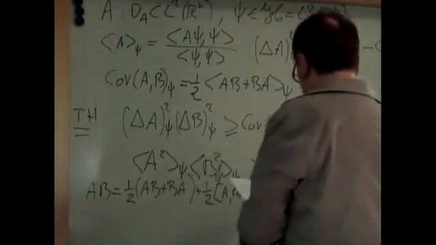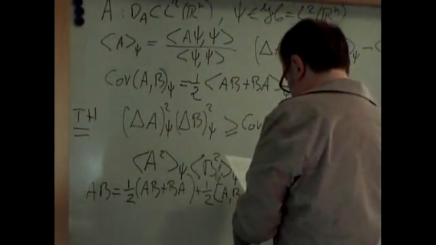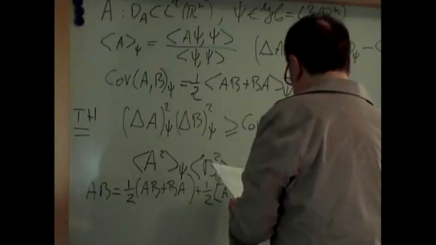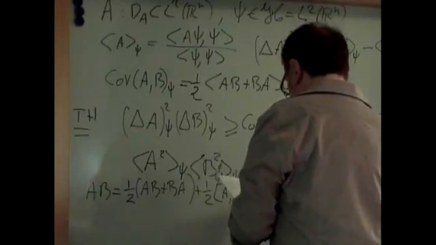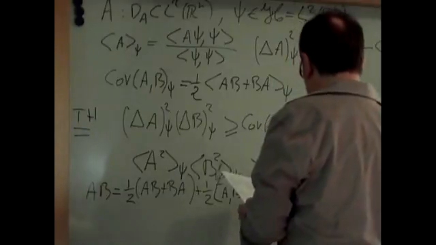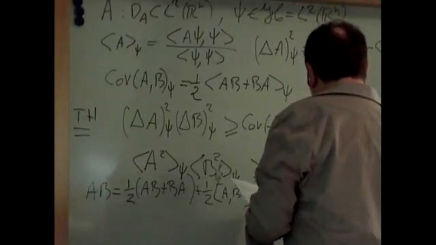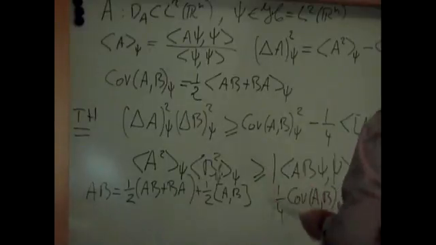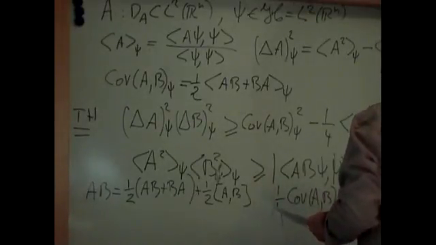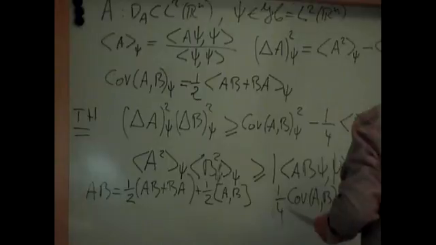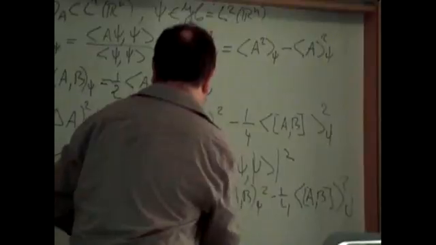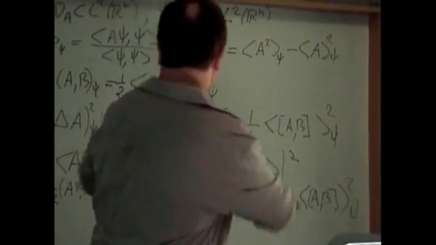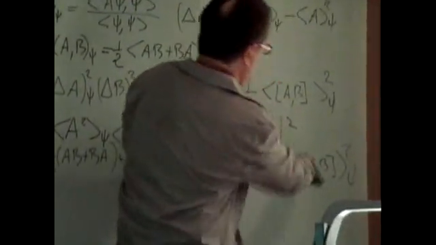So taking the moduli, one gets 1/2 of the covariance of AB in psi squared minus 1/4 of the commutator of AB squared in psi. And one says that this term here is positive or 0 anyway, so this is going to be larger than or equal to this here.